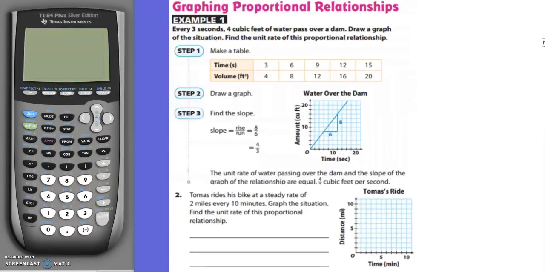On example 1, it says every 3 seconds 4 cubic feet of water pass over a dam. Draw a graph of the situation. Find the unit rate of the proportional relationship.